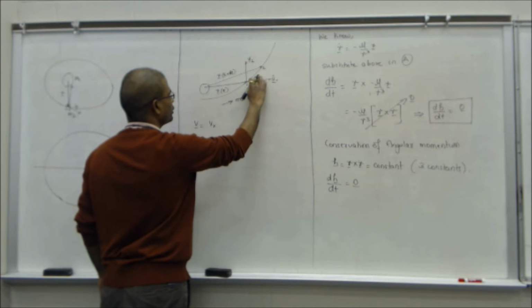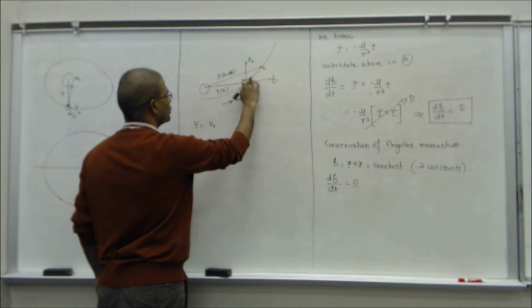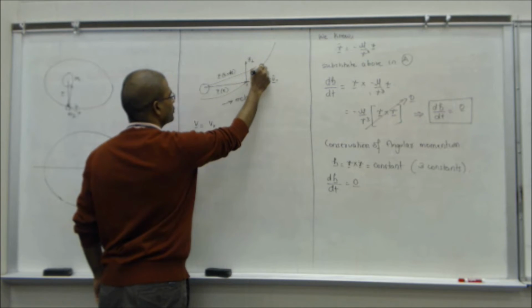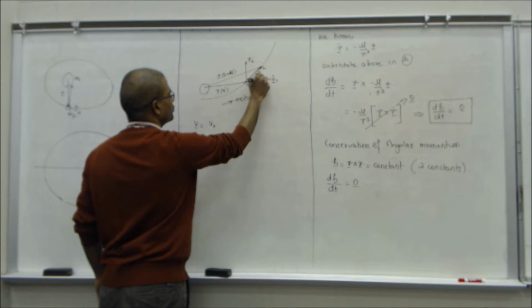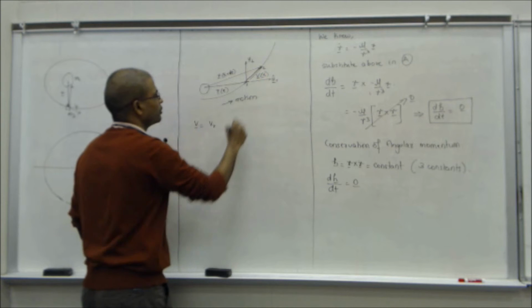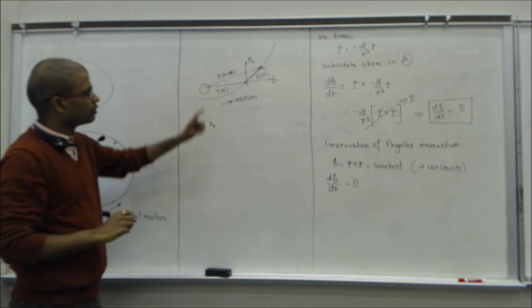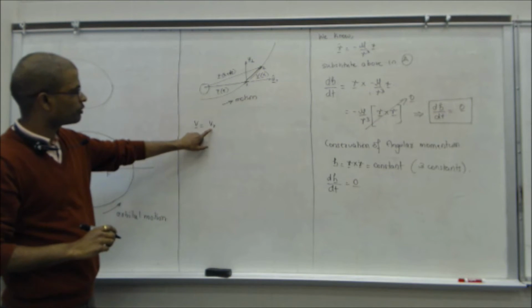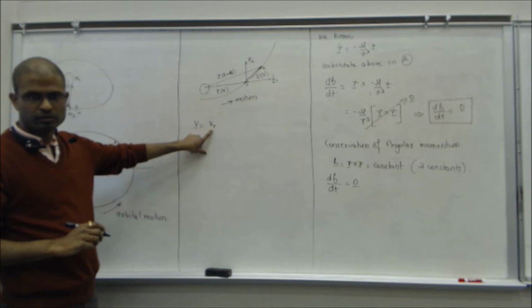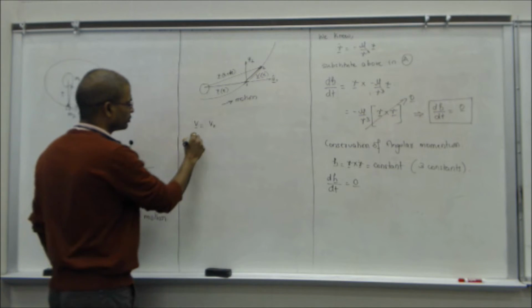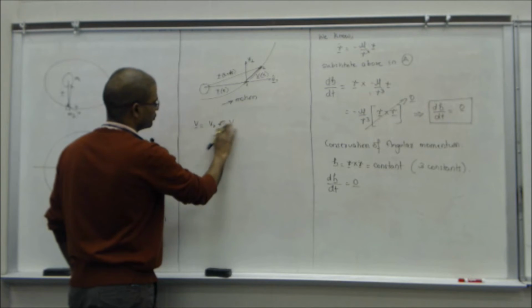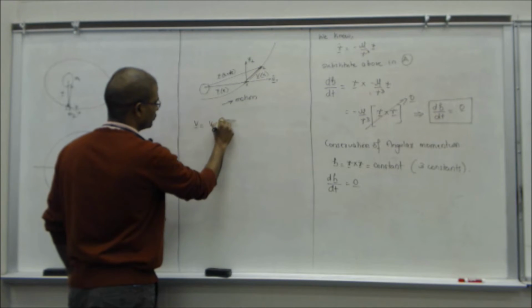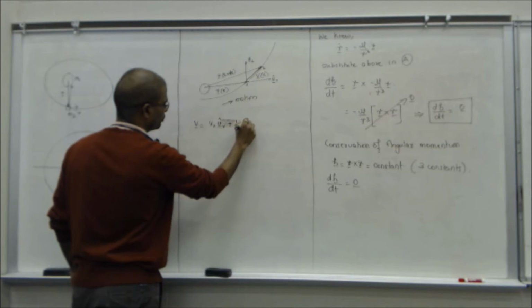In fact, you can take this as the velocity vector, right? So this velocity has a component VR, and there is a component V perpendicular.